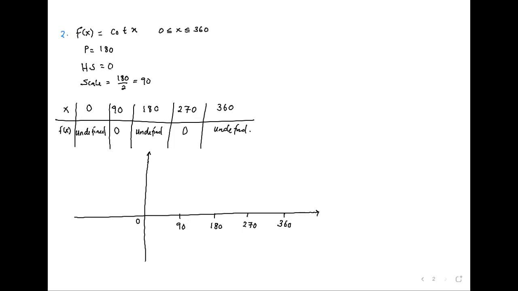At 0 it is undefined, so you put an asymptote here. At 90, it's 0. At 180, it's undefined. At 270, it's 0. And undefined at 360.